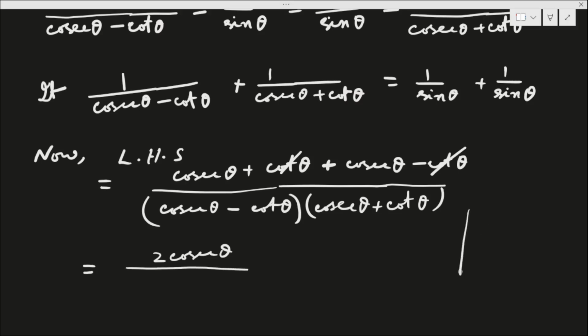In the denominator there is a formula: a minus b into a plus b is equal to a square minus b square. As per this formula, a minus b into a plus b, a means cosec theta, b means cot theta, that means a square, cosec square theta, minus cot square theta.